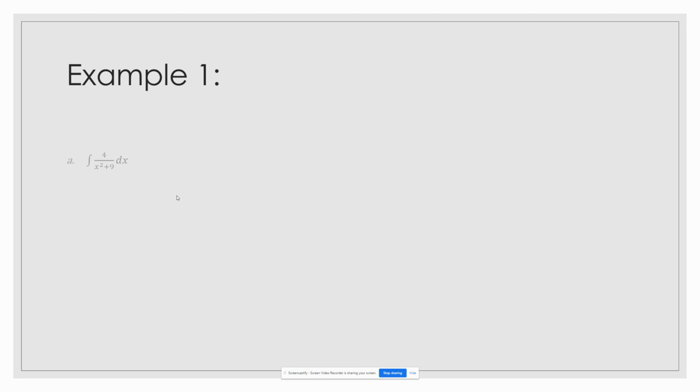So example 1A was, find the antiderivative of 4 over x squared plus 9 dx. Well, the first thing that I notice is I have this 4. Let's see if I can get my pen to work here. Sometimes it works better than other times. So I have this 4 right here. Guess I should turn on the pen.